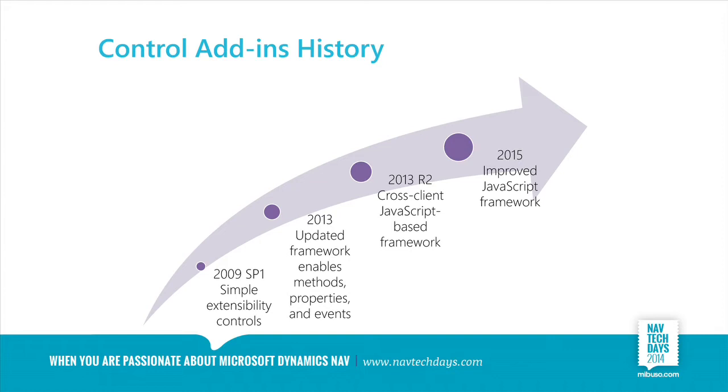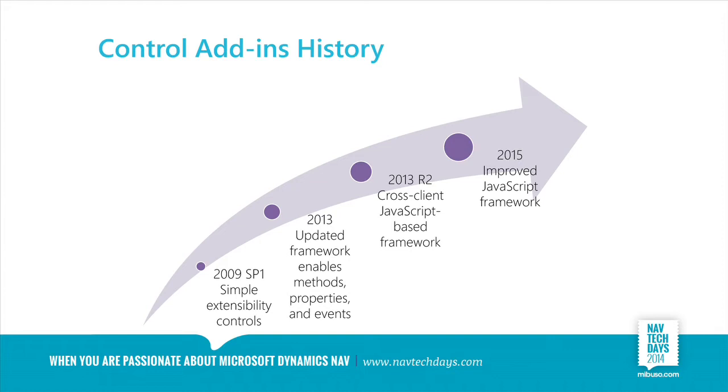There were actually a lot of limitations with that framework, but it was a fairly good proof of concept. And Microsoft delivered some pretty advanced control add-ins which used that specific framework. In 2013, we got an updated framework which allowed us to expose methods, properties and events from our control add-in and actually bind to the events of the control add-in.